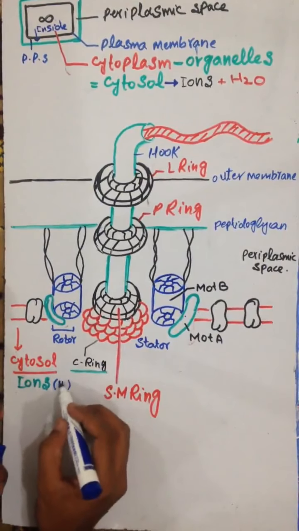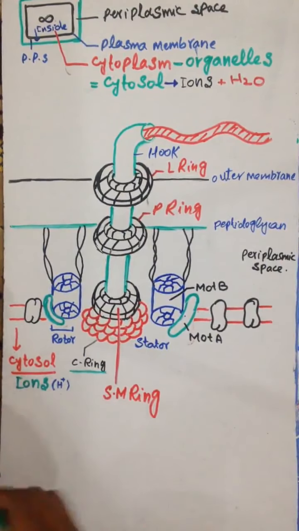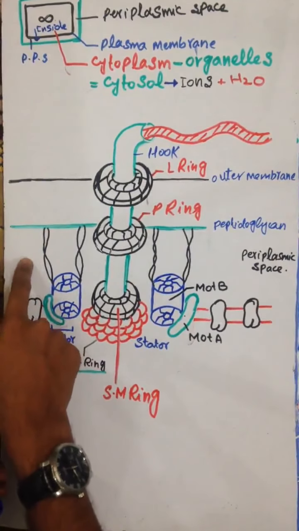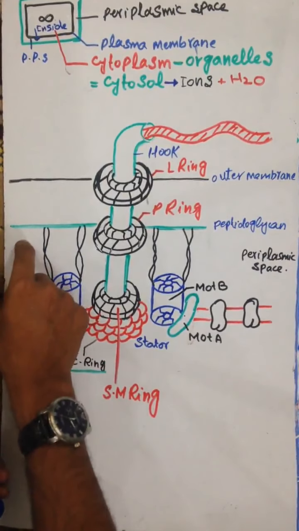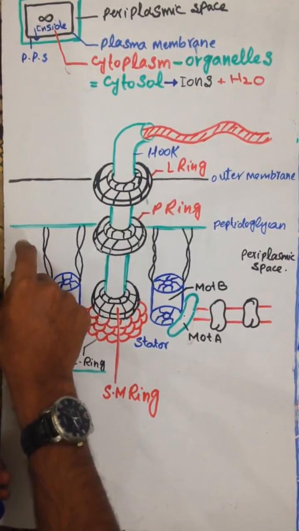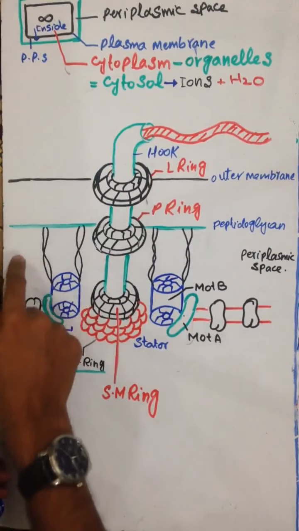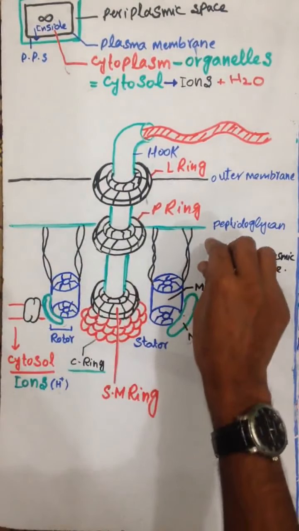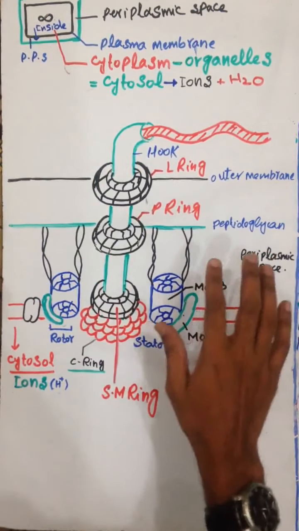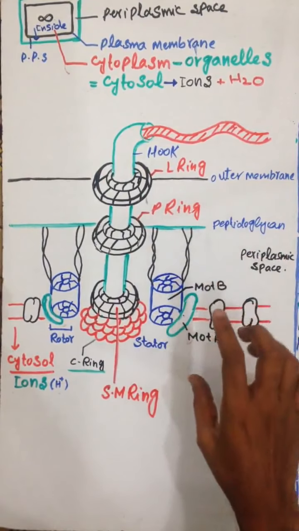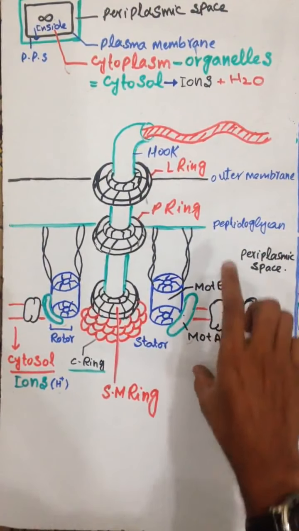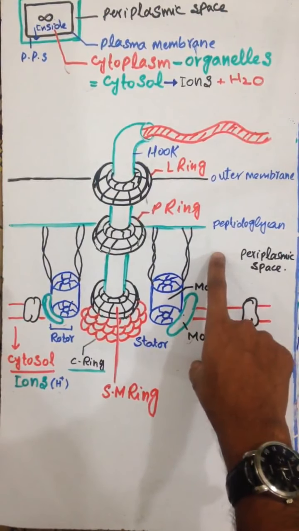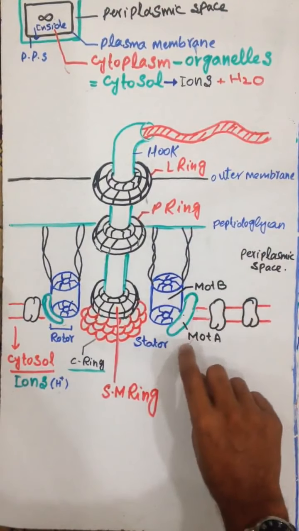Protons have to be pumped into the periplasmic space. When the periplasmic space contains more and more hydrogen ions, there will be a higher concentration of hydrogen ions, and a gradient will be established between the inner environment and the periplasmic space. So in the periplasmic space, the concentration of hydrogen will be higher as compared to inside of the cell.